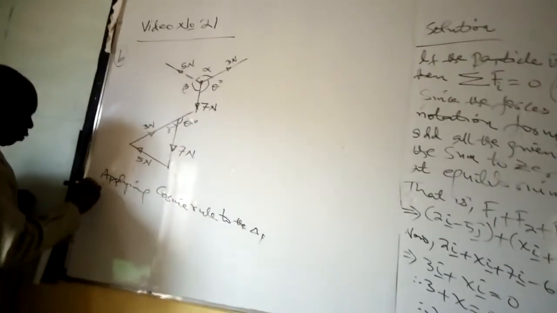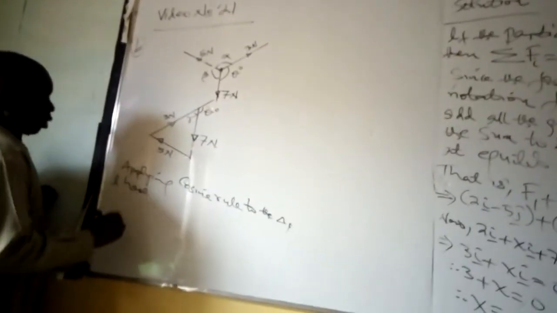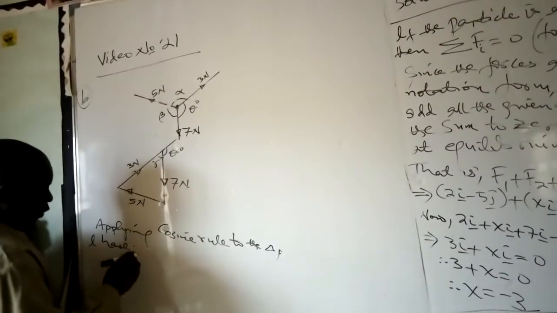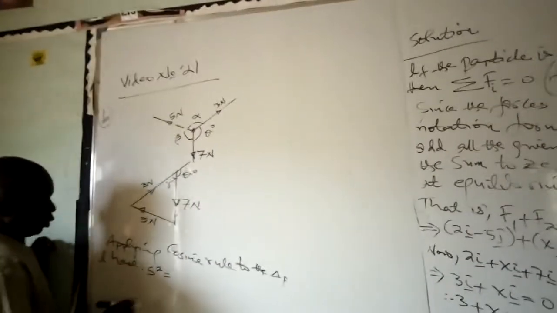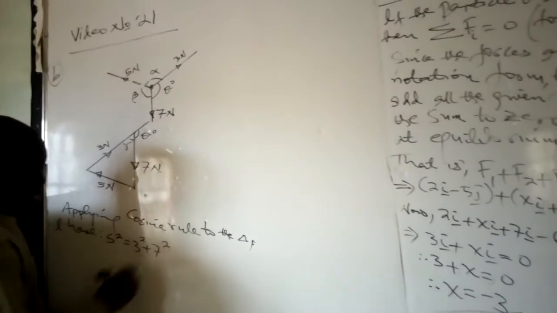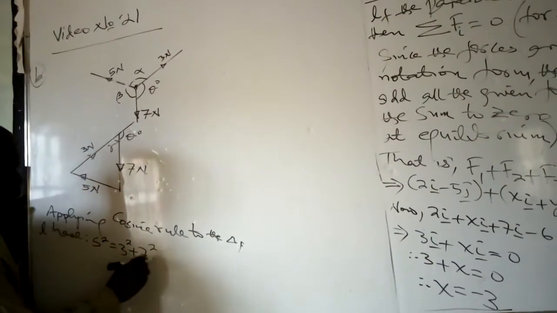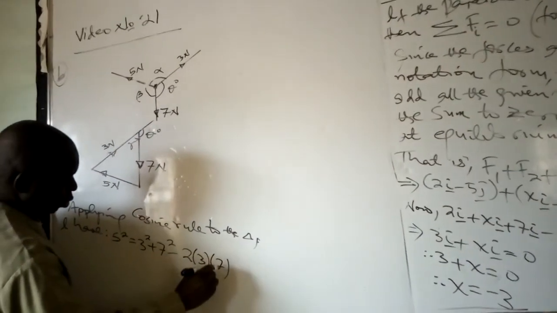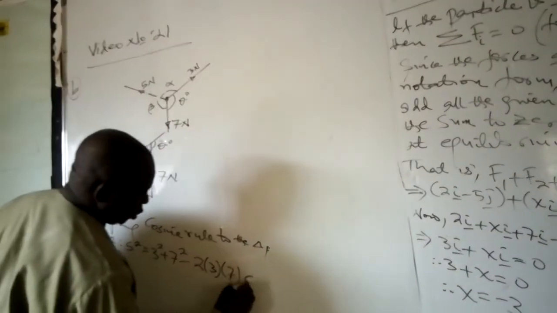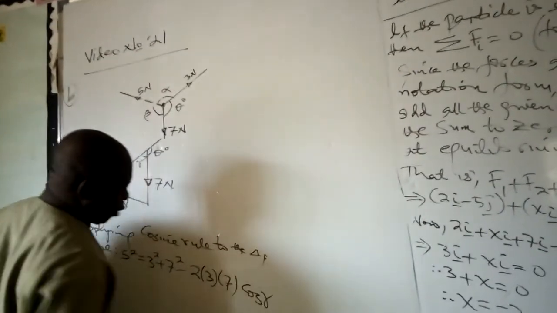5 squared is equal to 3 squared plus 7 squared minus 2 times 3 times 7 cos lambda.